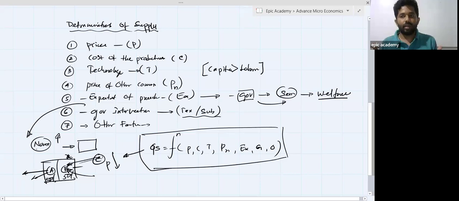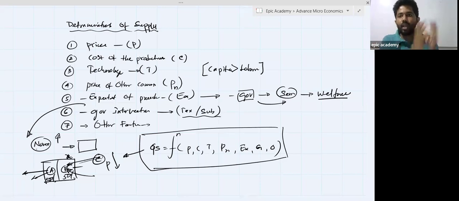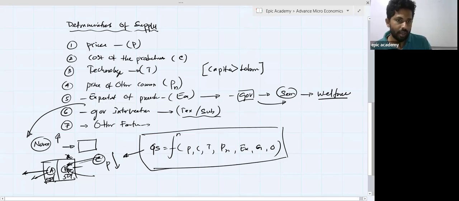All the total market supply depends on the number of suppliers. It also affects the amount of supply. It can also be changed, so take it as a determinant.